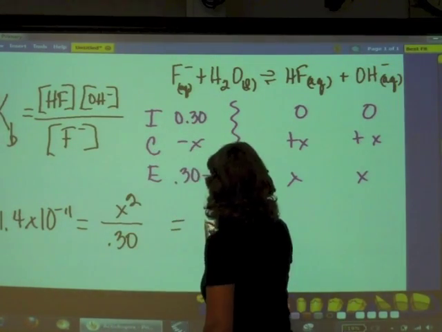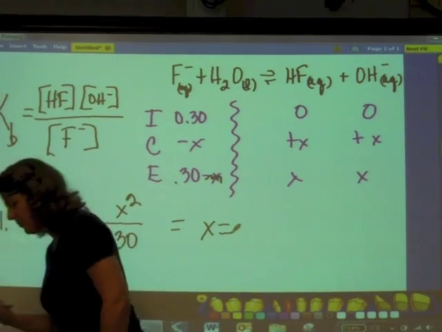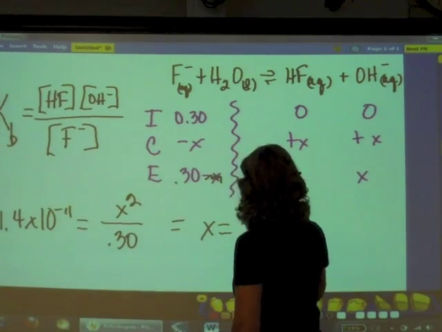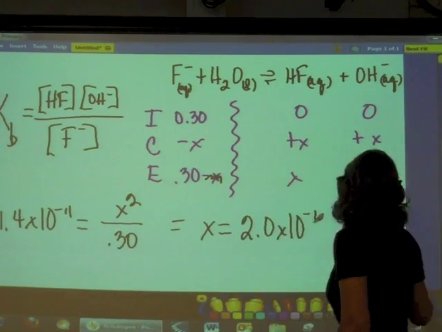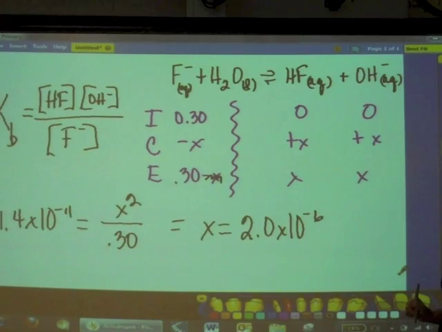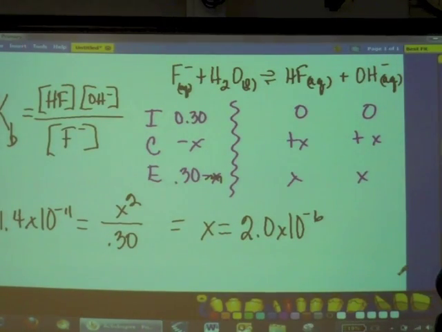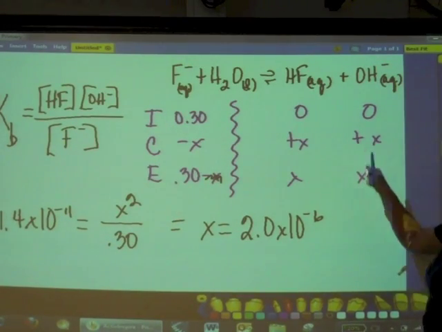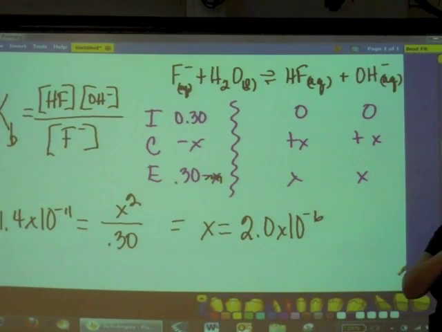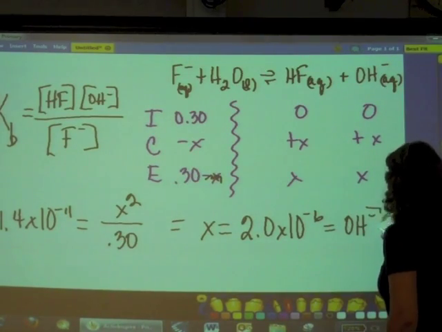That should give me an x value of 2.0 times 10 to the minus 6. What is the identity of x? Hydrofluoric acid and hydroxide. Oh boy. So we're almost there. We're almost done with this problem.